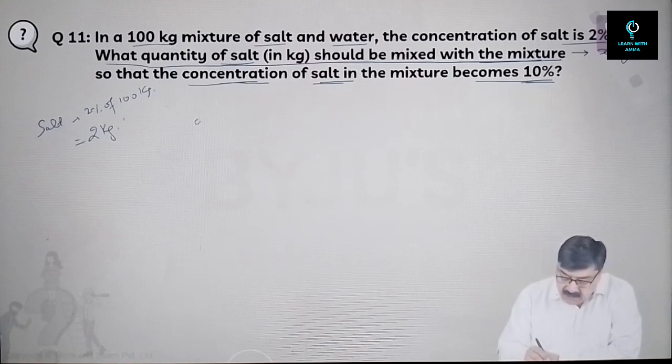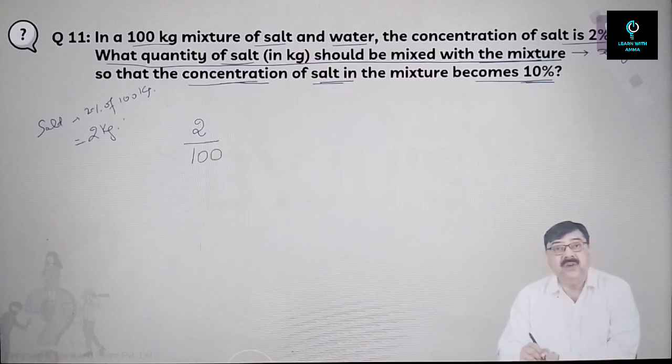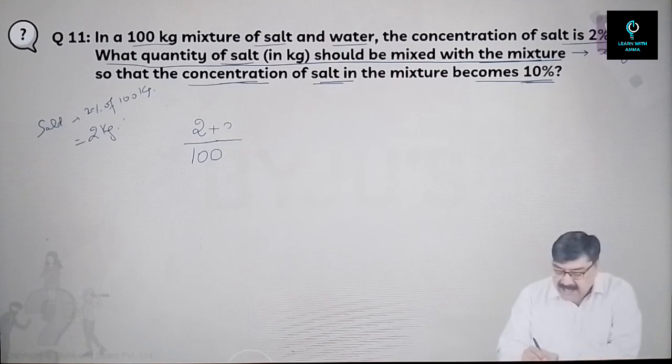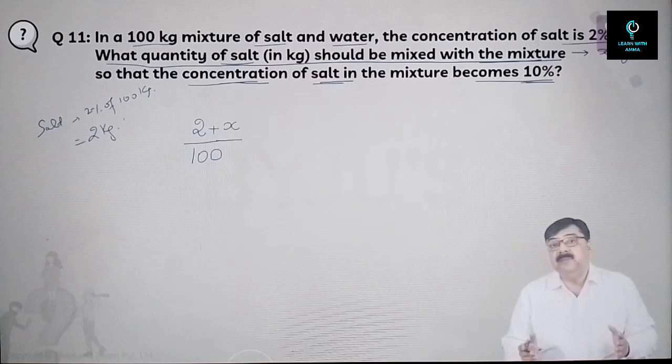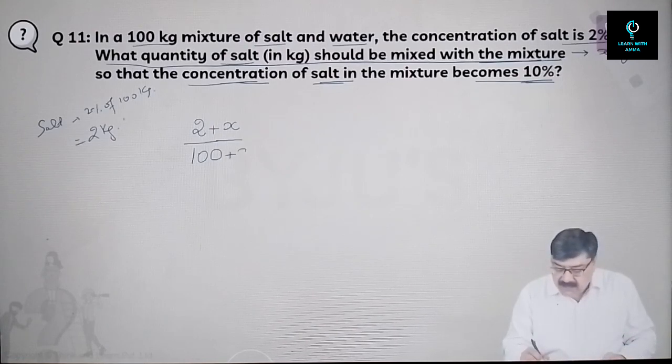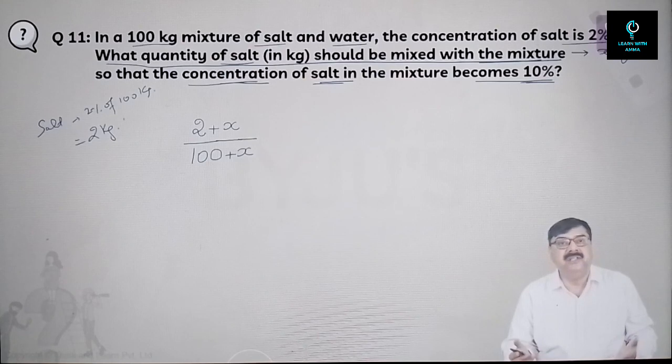Now, currently what is the position? There is 2 kg of salt in 100 kg of salt water mixture. Now, after you add X kgs of salt to this mixture, the amount of salt in this mixture will become 2 plus X kgs, and the total amount of mixture will increase from 100 to 100 plus X kgs.